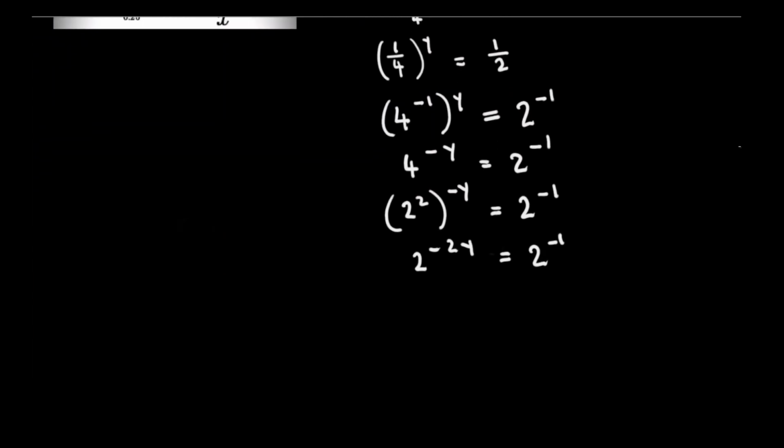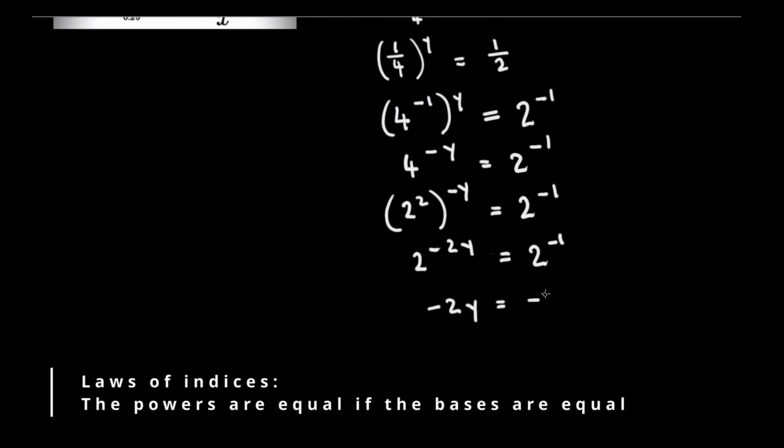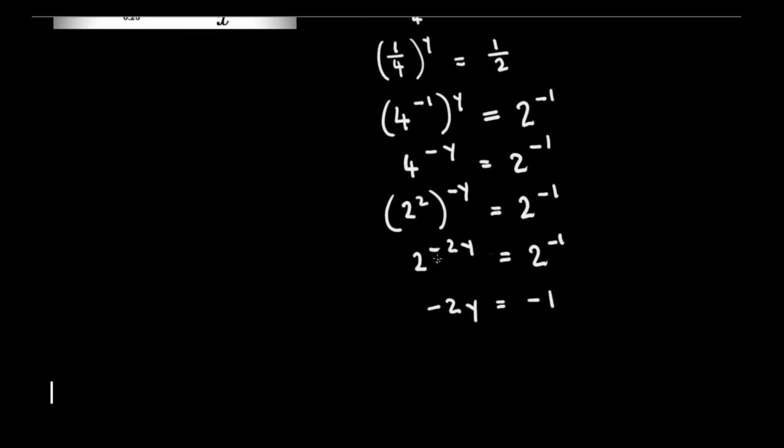In order for us to solve for y, it will then be minus 2y is equal to minus 1, since the bases are now the same. And we divide both sides by minus 2. Minus 2 into minus 2, that's 1.